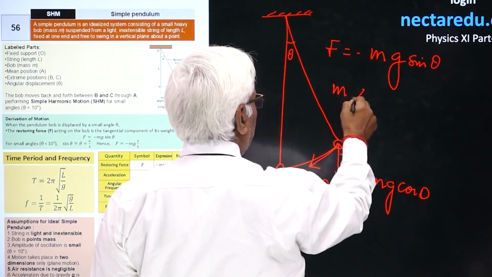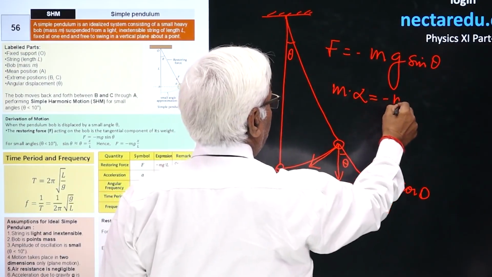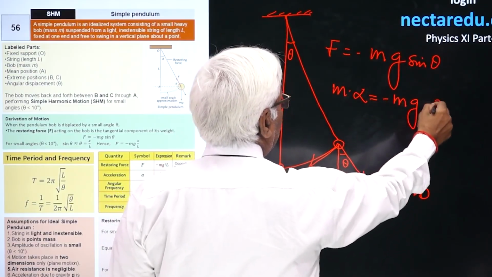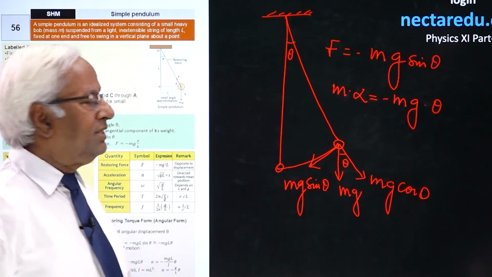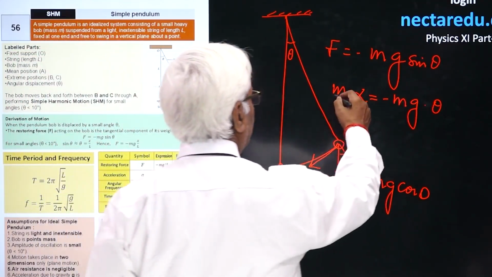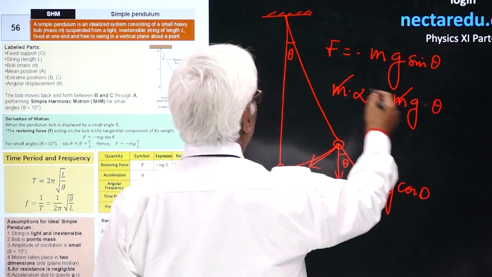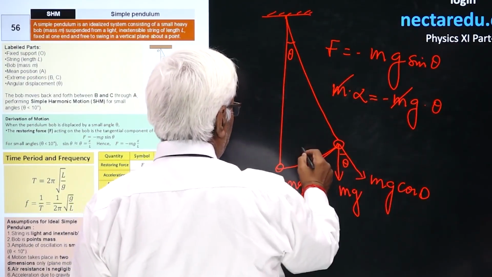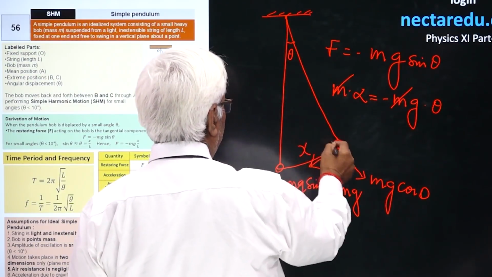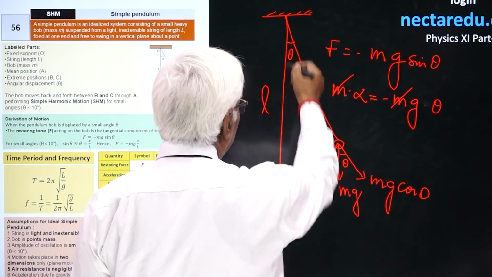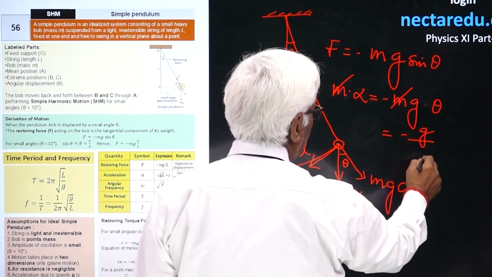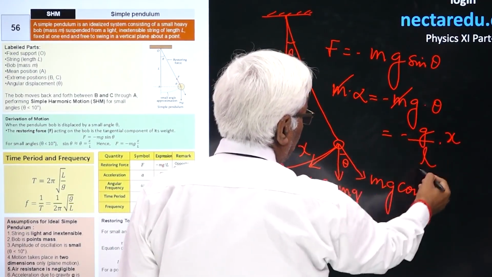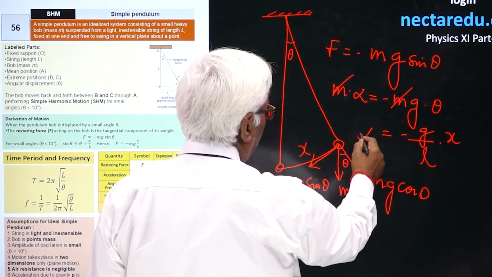Force is m into acceleration. This is minus mg sin theta, and considering the angle very small, sin theta could be approximated to theta itself. m gets cancelled, and theta, the angle, is arc upon radius. This arc could be the displacement x and the radius the length L of the pendulum. So you could write here minus g upon L into x, in place of theta.